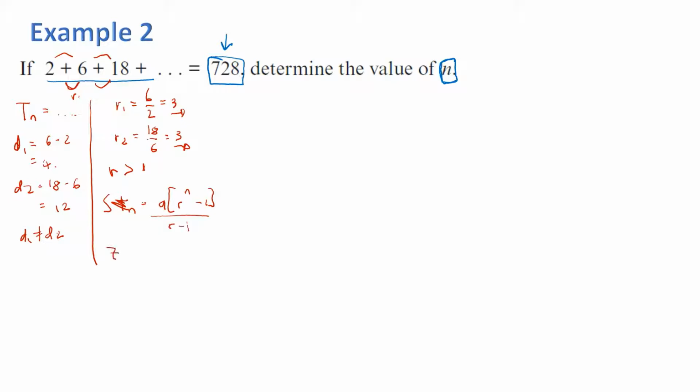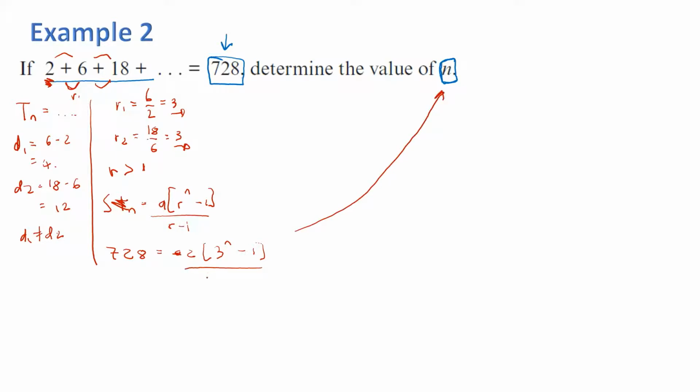I know this is 728. I know the first term in the series is 2. Therefore, a equals 2. Write that there. I know the value of r is 3. And this n is unknown, right? This n is what I have to go and compute.